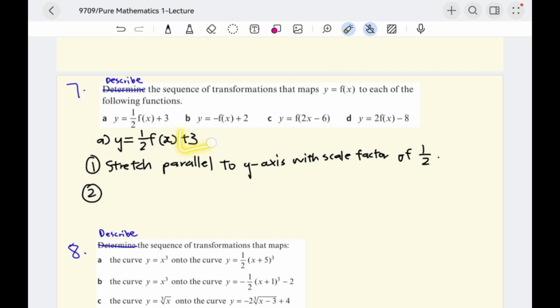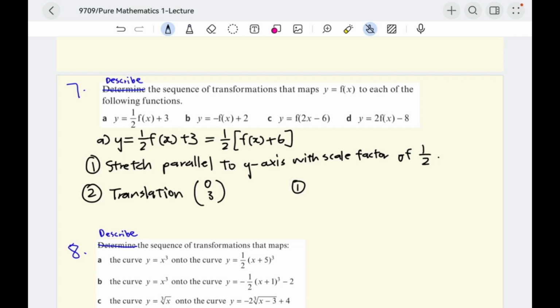Because you see there's a plus 3, so you can say that there's a translation (0, 3), because there's a vertical translation. Or some of you will say you can factorize this half f(x) plus 6, and there's an alternative answer.